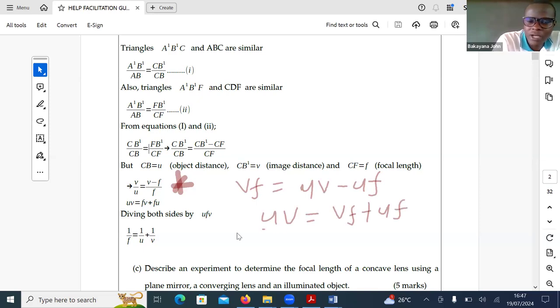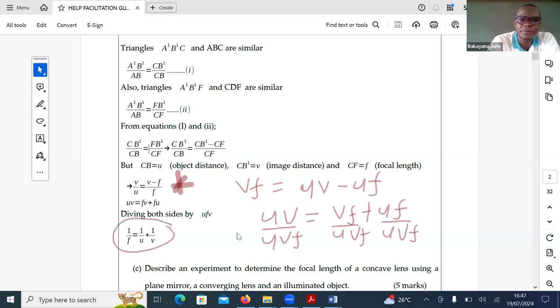From here, that's where I divided by UVF throughout. So that's how you come up with that formula.